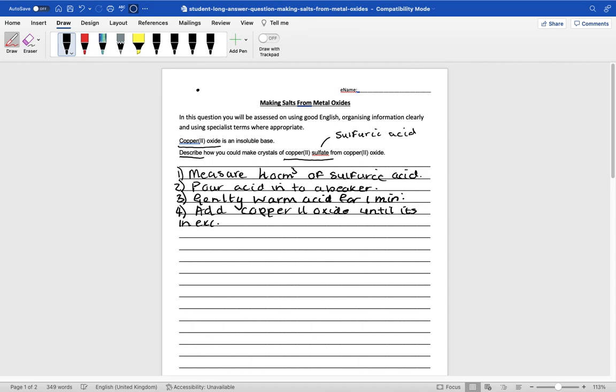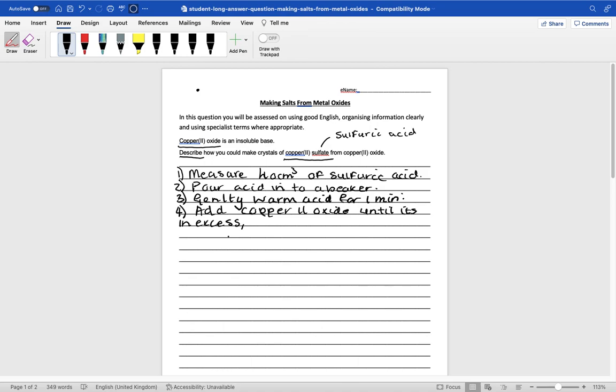That word excess basically means until we've got too much of it. It's really easy to see when you're actually doing it, because the copper 2 sulphate solution that you're making is a lovely blue colour, and the copper 2 oxide is a black solid. So you can see it at the bottom of your beaker.